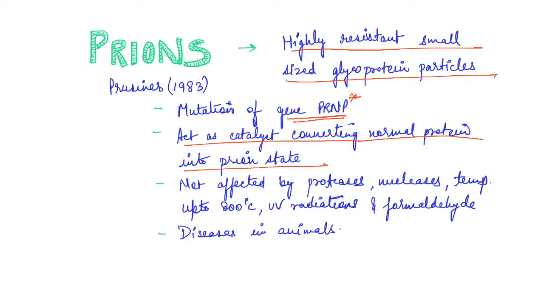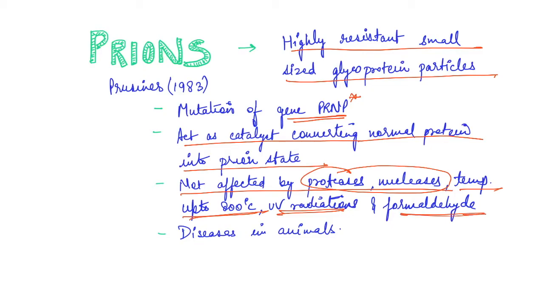Now they are basically not affected by any kind of proteases, nucleases. So these are basically lytic enzymes which cause breakdown of proteins or nucleic acids. But they, being a glycoprotein, are not affected by any kind of lytic enzymes like proteases, nucleases, even temperature up to 800 degrees Celsius, UV radiations, or formaldehyde.